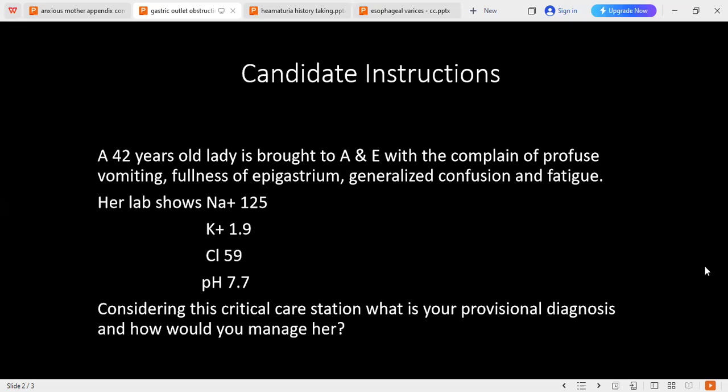Then euvolemic causes are SIADH and adrenocorticoid deficiency, and in hypervolemic the causes are hepatic insufficiency, renal insufficiency, and nephrotic syndrome.